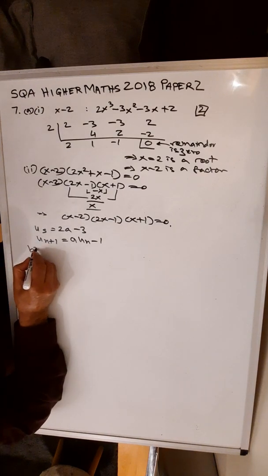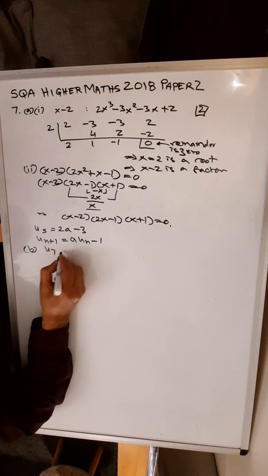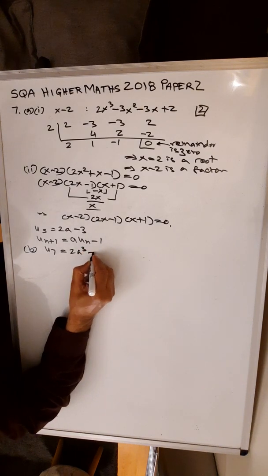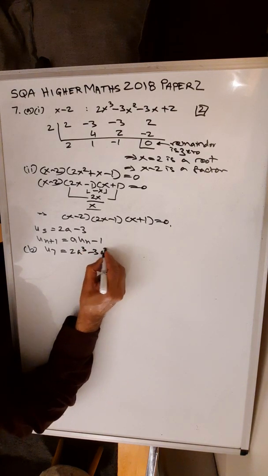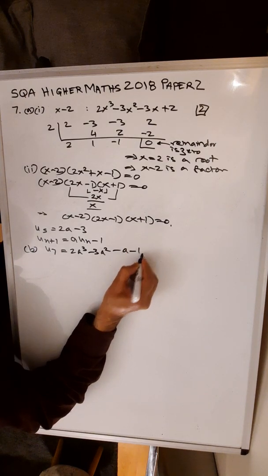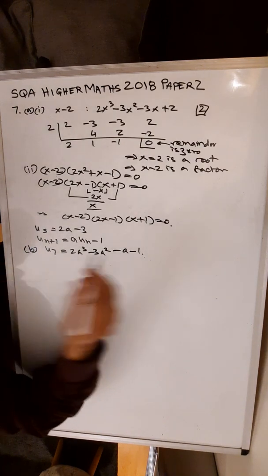So for part B, show that u7 is equal to 2a cubed minus 3a squared minus a minus 1. And you're only getting 1 mark for that.